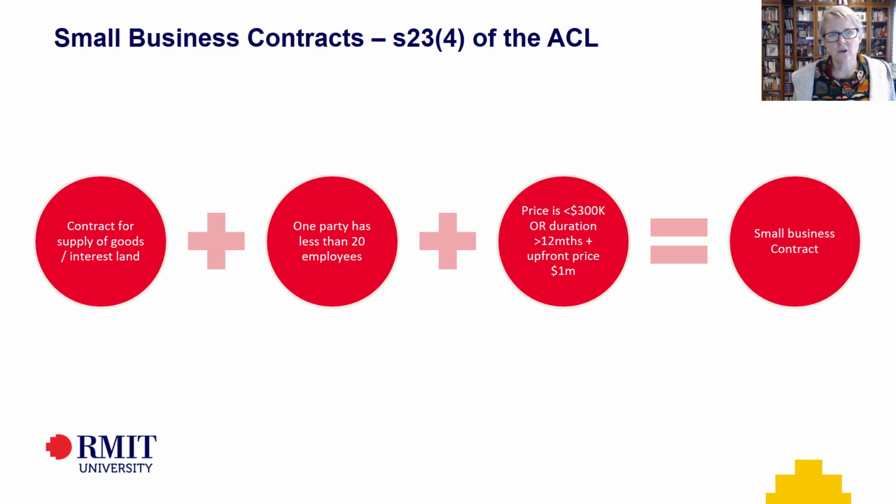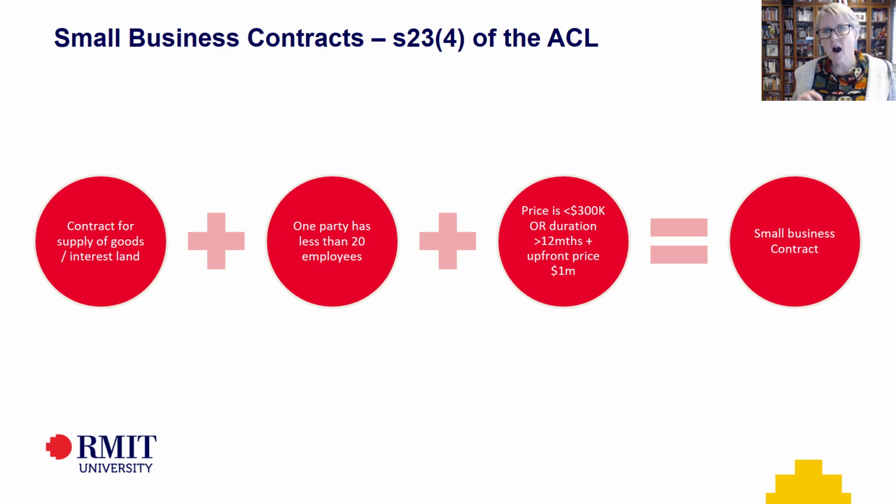I mentioned small business contracts before, and since November 2016, these have also been covered by the Australian Consumer Law. So the provision, section 23(4), provides that a contract is a small business contract if A, the contract is for the supply of goods or services, or for the sale or grant of an interest in land, and B, at the time that the contract is entered into, at least one party to the contract is a business that employs fewer than 20 people, a small business.